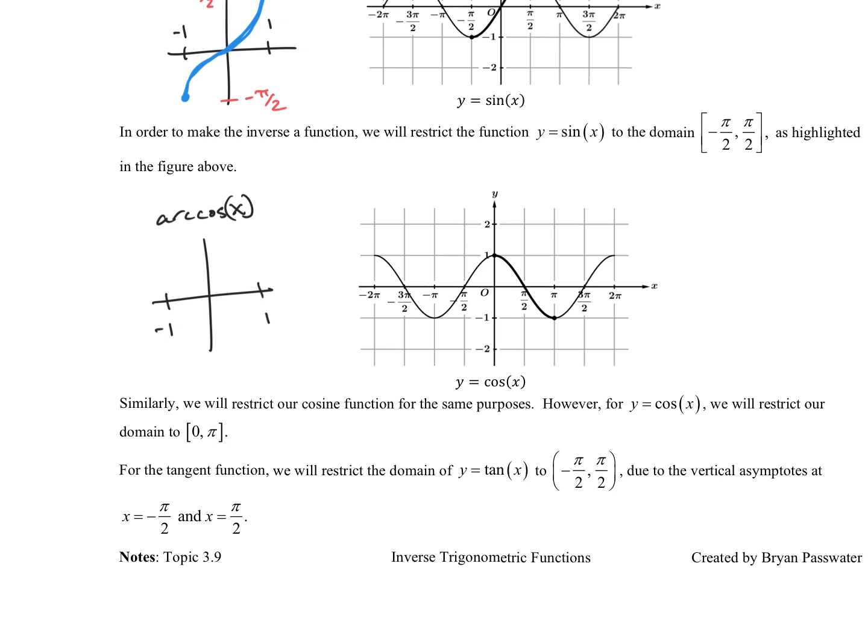When is cosine 1? At what? At theta equals 0. And so arc cosine is actually going to start there. And then when does cosine equal -1? At pi. And so at pi, it's going to be at -1. And so that one is going to actually kind of look like that.